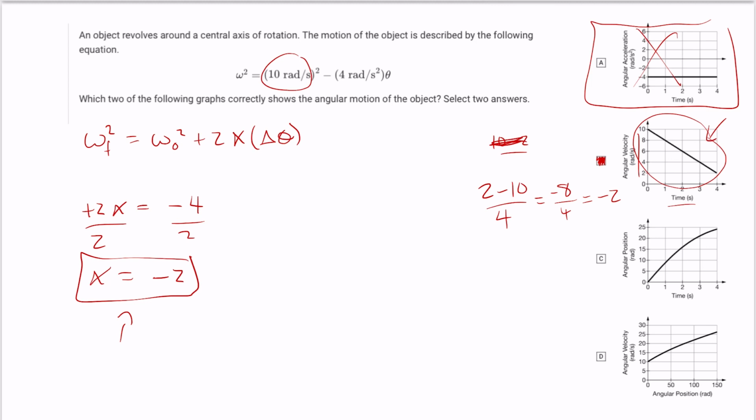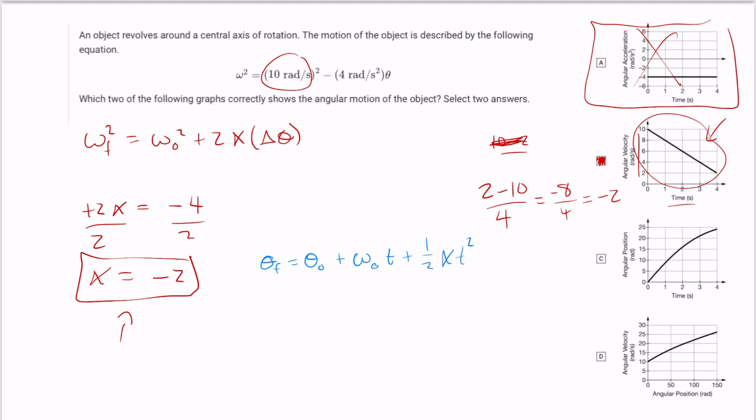And I believe the one that we want to work with here, and I'll do it in blue over here, is theta final is equal to theta initial plus initial angular velocity times time plus 1/2 angular acceleration times time squared.